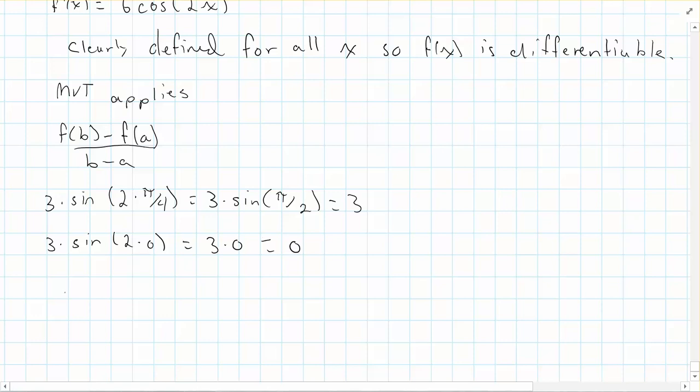So my f of b minus f of a over b minus a is equal to 3 minus 0 over pi over 4 minus 0. So this is going to be equal to 12 over pi.